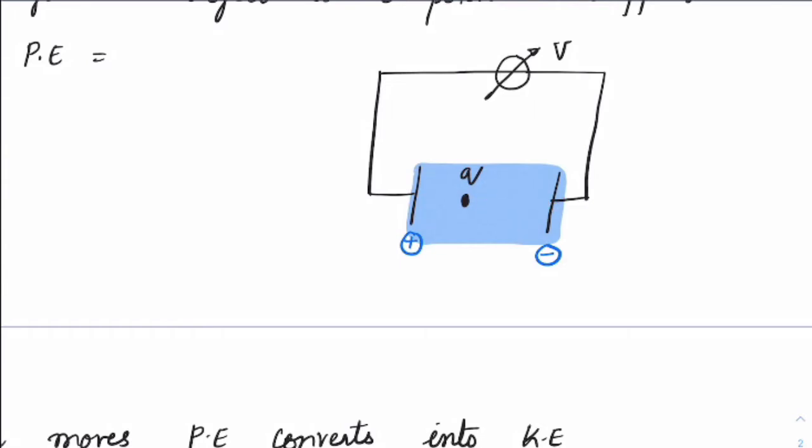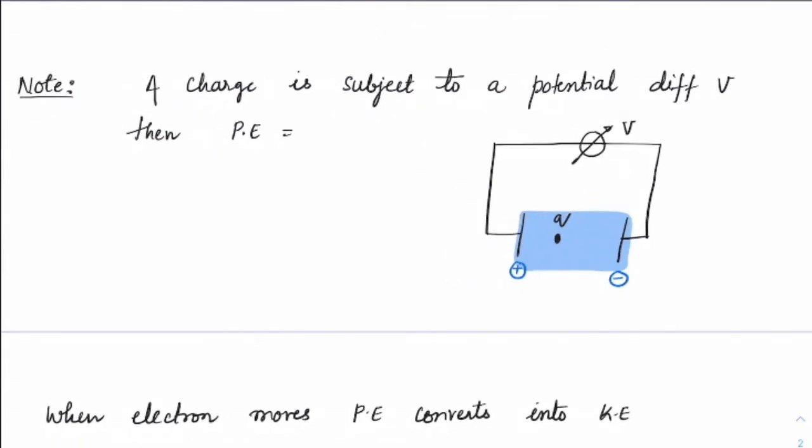So that way, any charged particle placed in an electrical field would experience some potential energy, and that potential energy, which we call the electrical field energy, is charge into voltage difference. I'm not sure, but you may have learned this in 9th or 10th standard, just recall it.